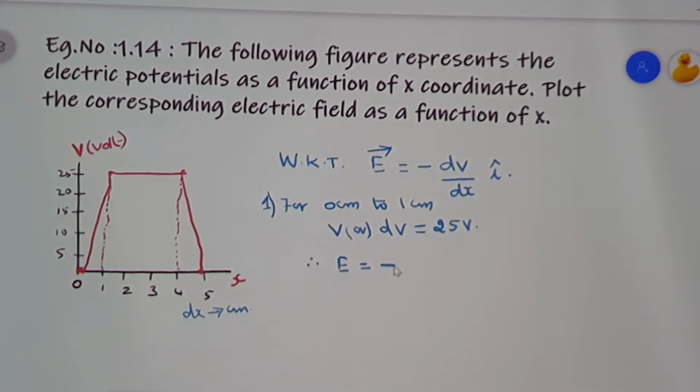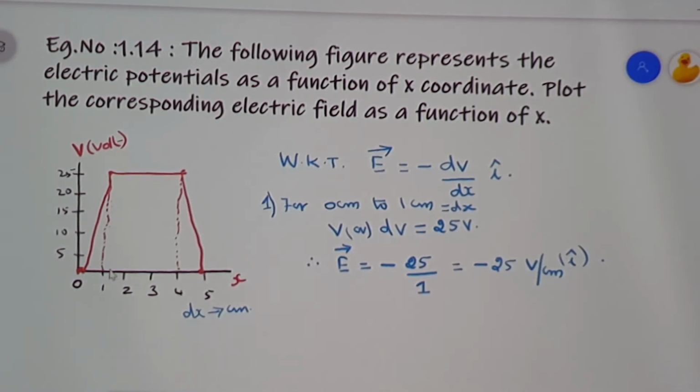Substitute in this equation: minus of dV, which is 25, divided by the change in distance dx, 0 to 1 centimeter, which is 1. So the answer is minus 25 volt per centimeter along the i cap. This is the E vector for the first variation.